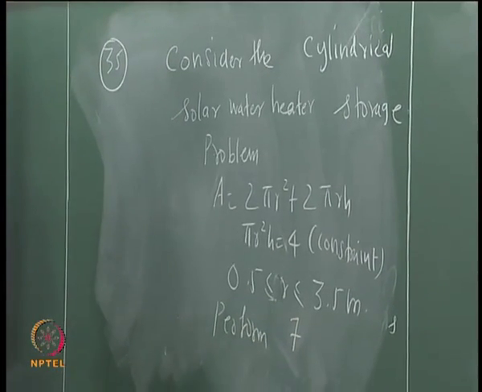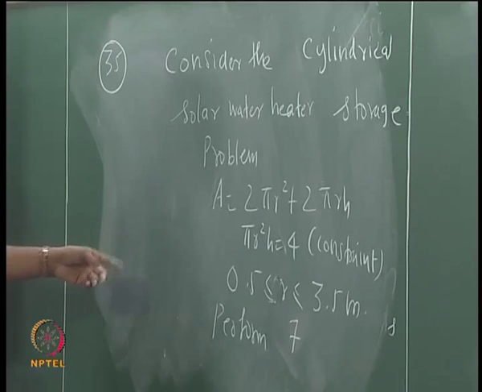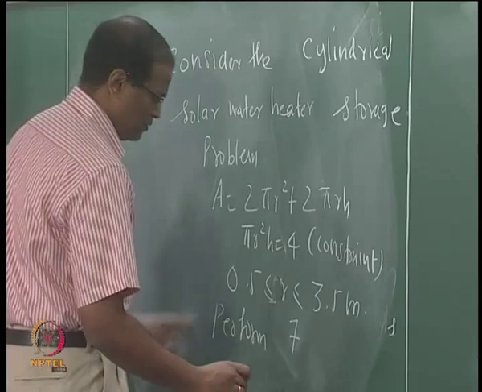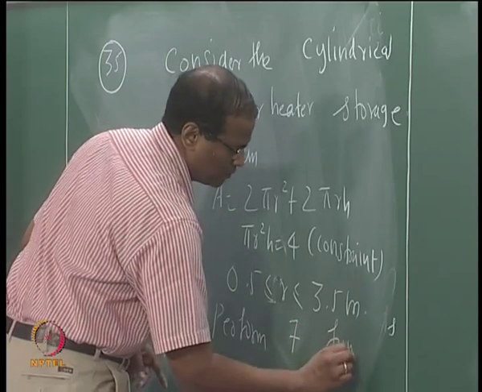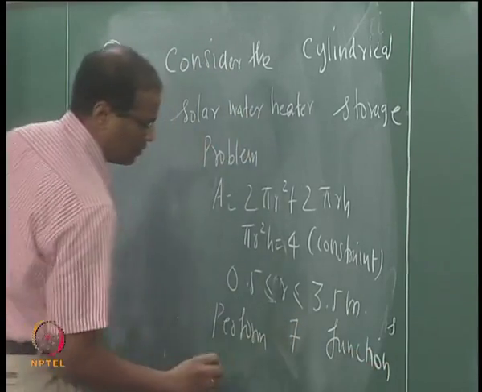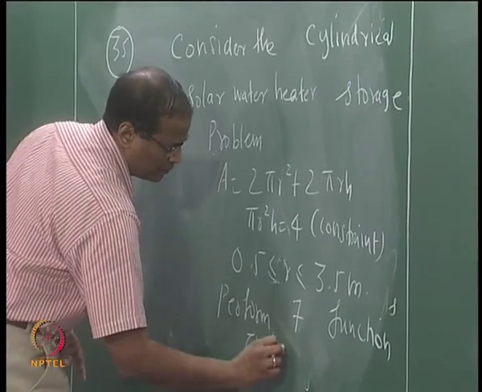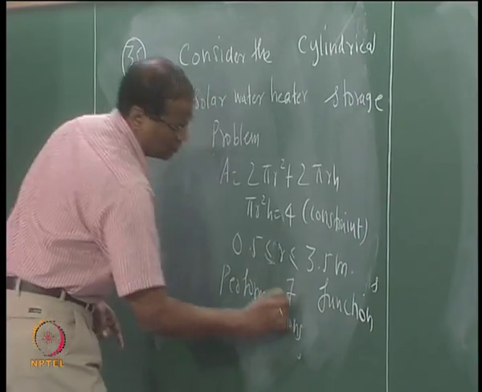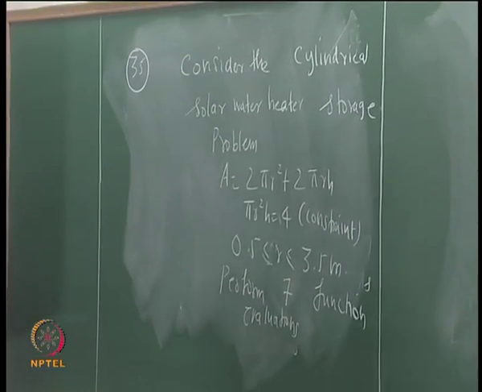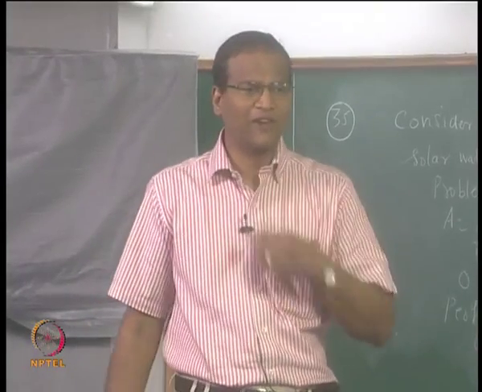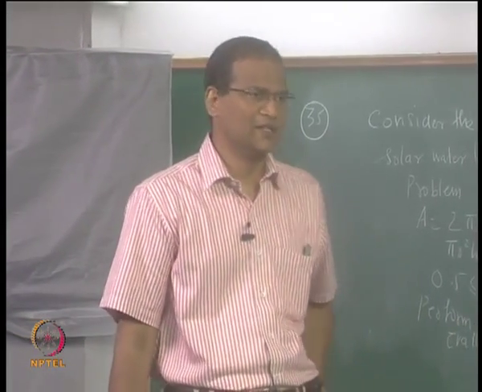Perform 7 function evaluations, so that it is the same number as what we did for the Fibonacci search. So the problem reads like this: perform 7 function evaluations and report the final interval of uncertainty.